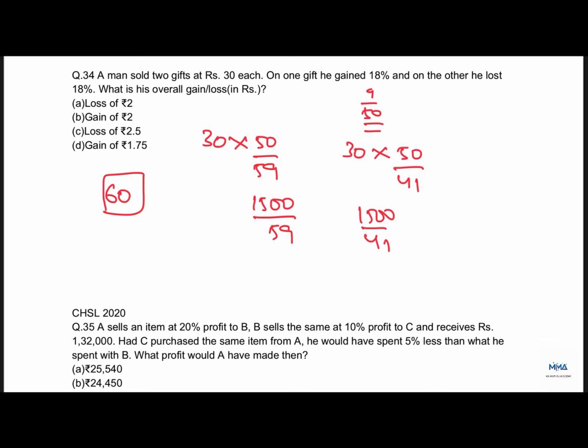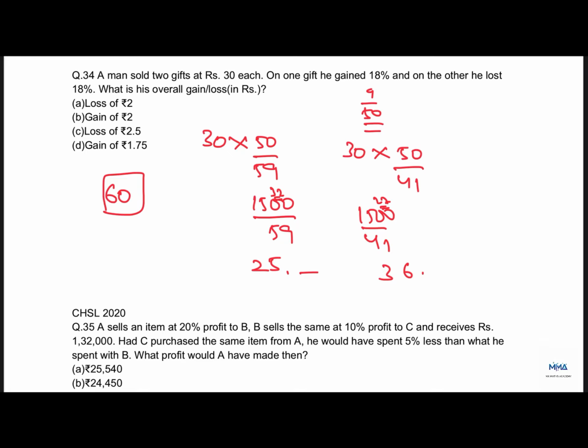So 59, it won't be 318, so this will be 32. 59, 6 is going to be too much, so 5 point something, and this will be 41 3s, 123, and 6 is 246, 7 is going to be 287, which is going to be too much.